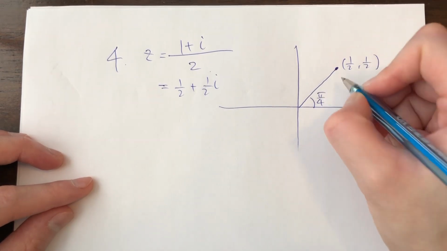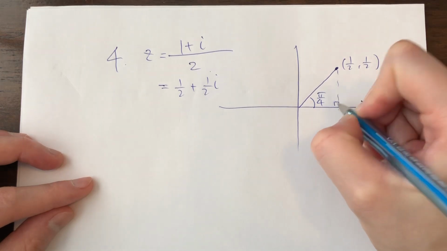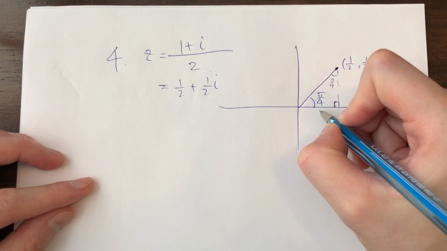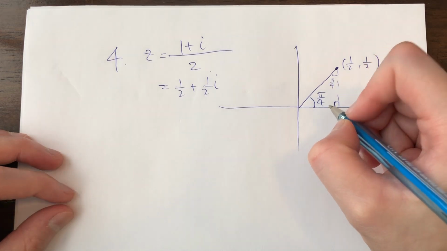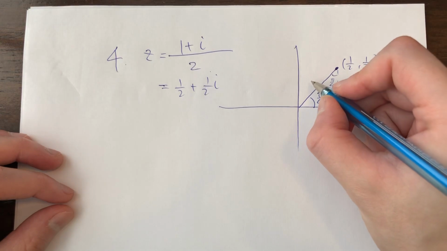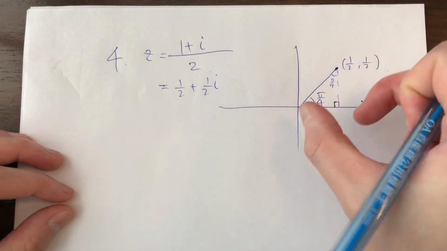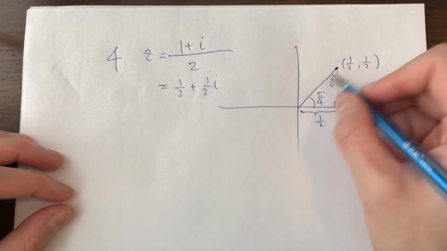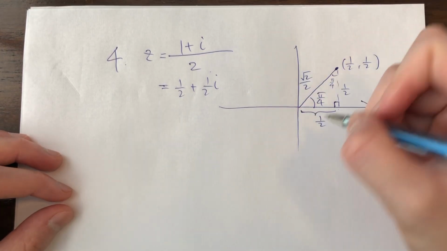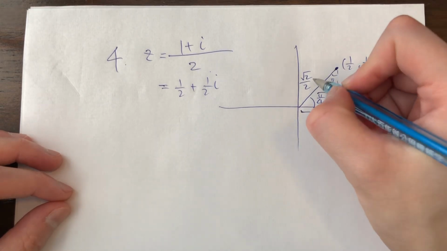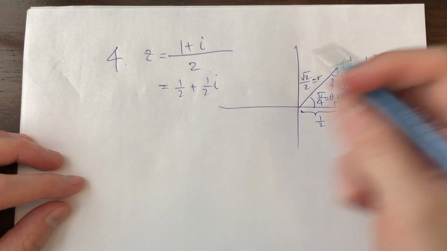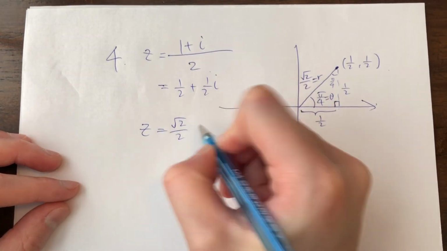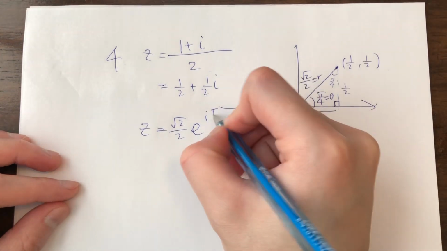And since it's a special triangle, the ratio of the sides is 1 to 1 to square root of 2. So if this length is 1 over 2, you just multiply by square root of 2 to get this length. So that's our r, and this is our theta. So z is equal to square root of 2 over 2 e to the i pi over 4.